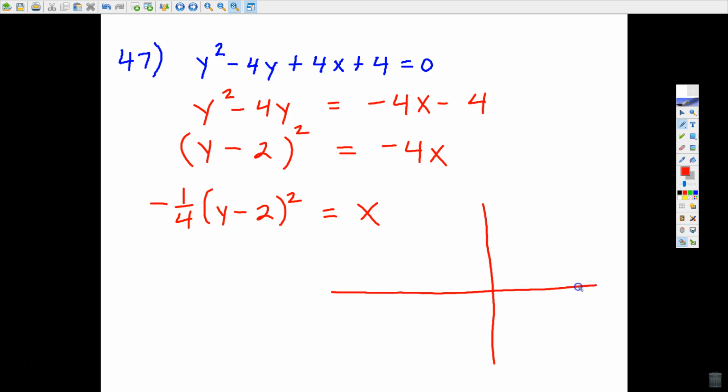Okay, so can somebody give me the vertex? John, what do you think? Now, it's solved for x, so be careful. Remember, y is grouped with y.